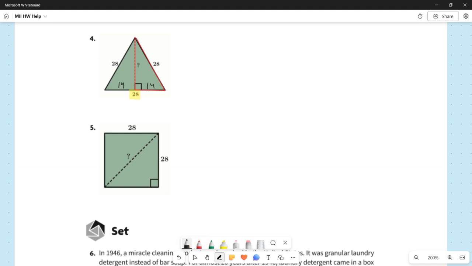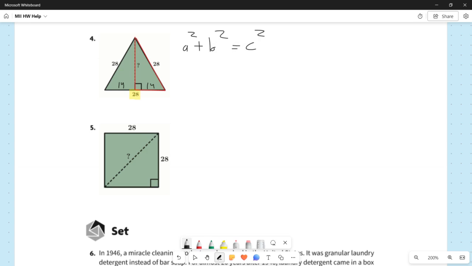So again, there's also a shortcut here for question 4, but if you don't see the shortcut and you want to use the Pythagorean theorem, once again, the Pythagorean theorem says that the sum of the squares of the legs of a right triangle is equal to the square of the hypotenuse.